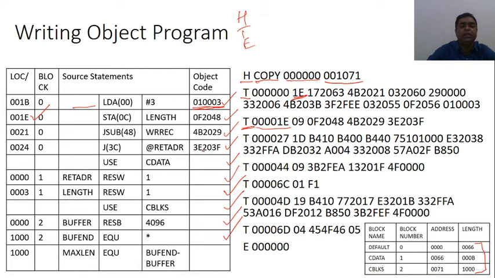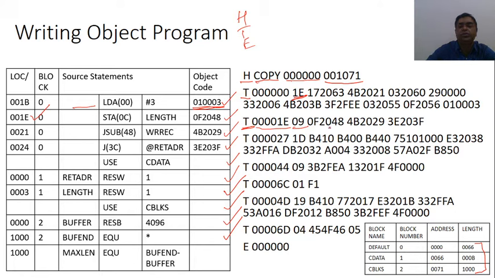So we have to include only these 9 bytes in this text record. Remember that whenever we get another block, before that we have to consider the object code in the text record only. Only 9 bytes of object code are used, so the text record size is 9 bytes. And after this we have to write the object code, that are what?